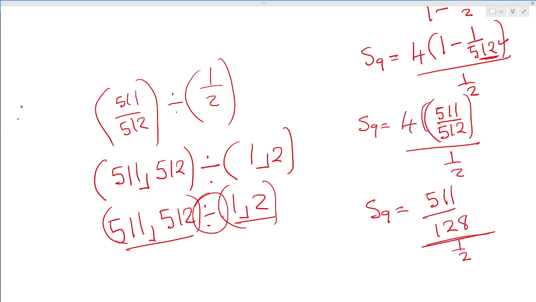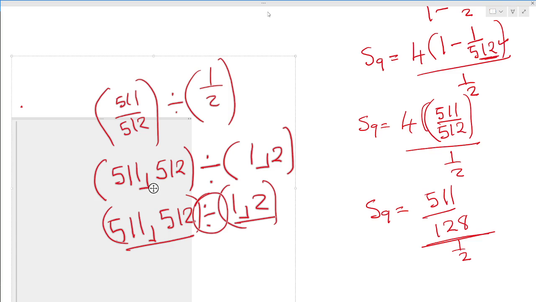So I'll say open bracket 511 over 512. Then I close the bracket, and then I say divided by open bracket 1 over 2. Then I close the bracket. So that will give me, let's create space here for the final answer.